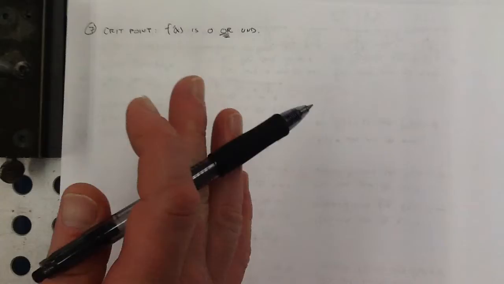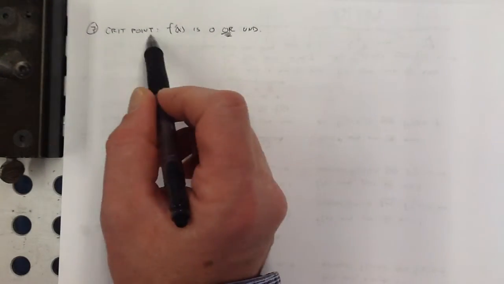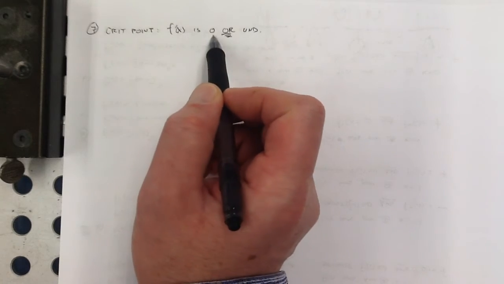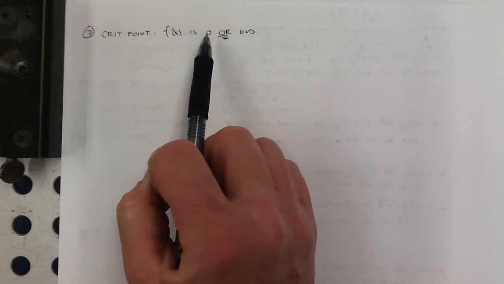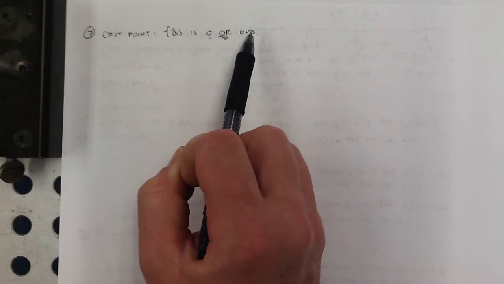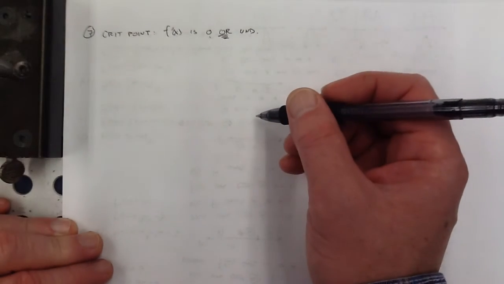So there can be, like, the pointy part of an absolute value graph. That's a critical point, but the derivative is not 0. It's undefined. So if you're out there in the world of functions hunting for maximums and minimums, you should consider not just places where the derivative is 0, you should also consider places where it might be undefined. Those can also be maximums and minimums, just like the pointy part of an absolute value graph is a minimum.